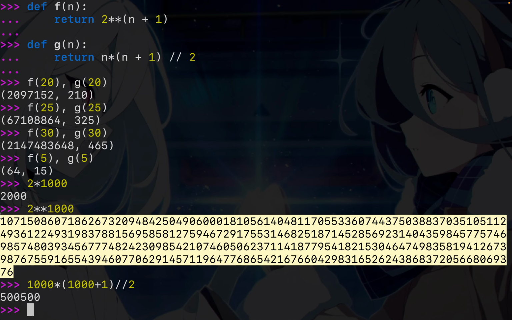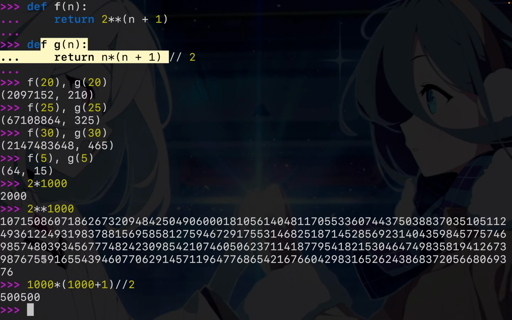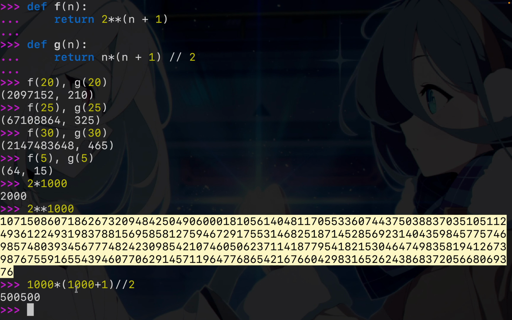So this number is definitely larger than this number, which is why the function here, which only runs approximately this many operations, is a lot faster than the function which takes around this many operations.